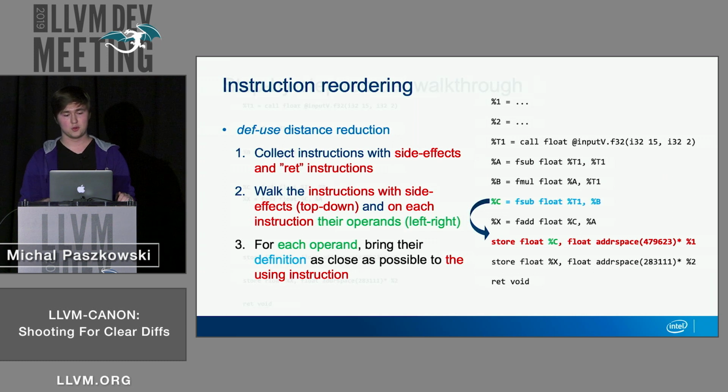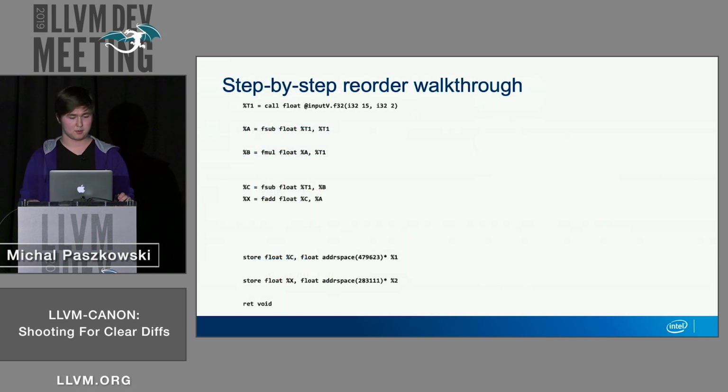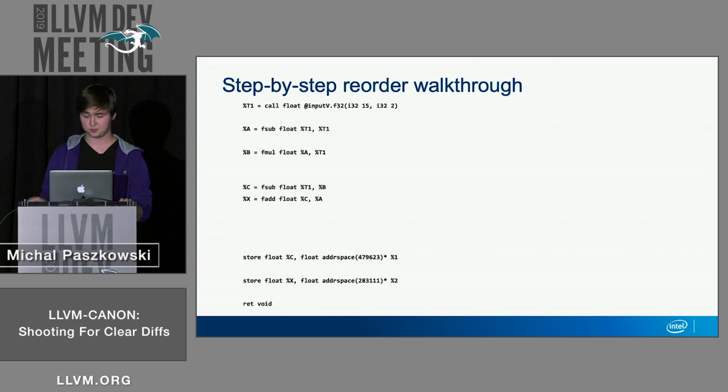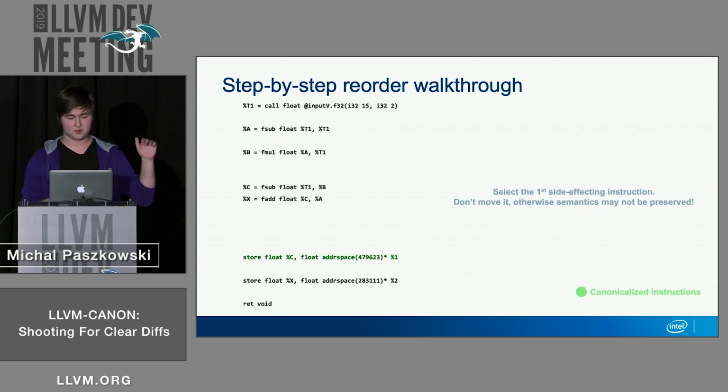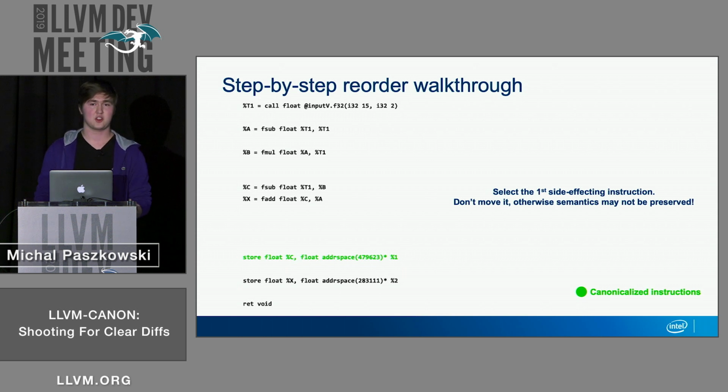So I'll walk you through the whole process step by step to see some edge cases. This is exactly the same code snippet you've seen in the previous slide. We start with this first side effecting instruction, which is that store you see in green. We are not moving side effecting instructions; we don't want to change semantics.